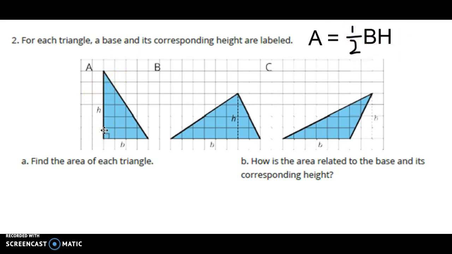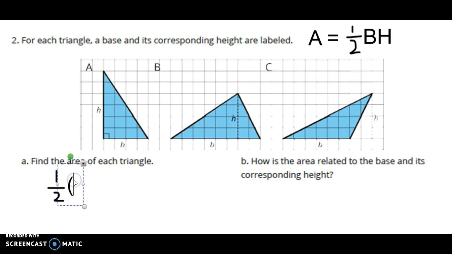So I'm going to do triangle A and B with you, and then you're going to try triangle C on your own. For triangle A, I know that 1/2 times my height, if I count the units in my height, I have 1, 2, 3, 4, 5, 6 units in my height.